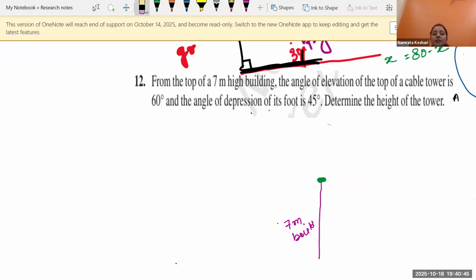Yes or no? Right. Okay, that means the cable tower must be having more height than this building. Then only it's possible that from the top of 7-meter high building, the angle of elevation of top of the cable tower. Okay, this is cable tower.